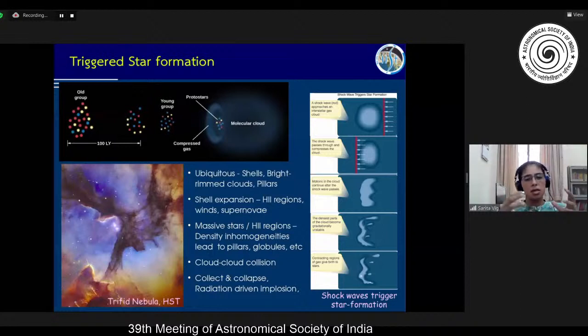Now, in a coherent and organized way, these are broadly classified into 2 types of triggered star formation: one is the collect and collapse model, and the other is radiation-driven implosion. There is also cloud-cloud collision which can trigger star formation, but I am not discussing that here.